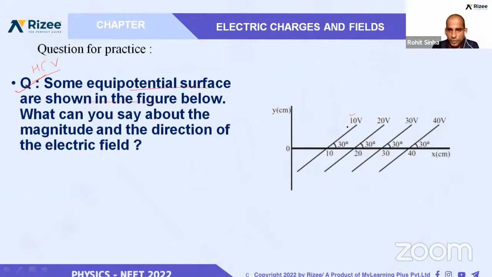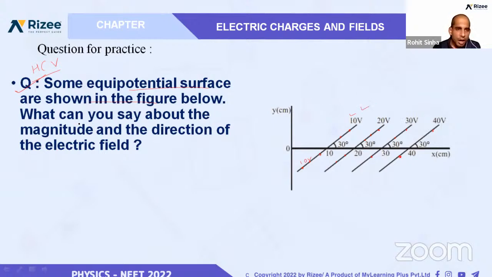These are equipotential surfaces because at any point on this surface the potential will be 10 volt only. For this line also, at any point the potential will be 20 volt only. Here at each point the potential will be 20 volt, and at each point 40 volt, like this. So they are equipotential surfaces.